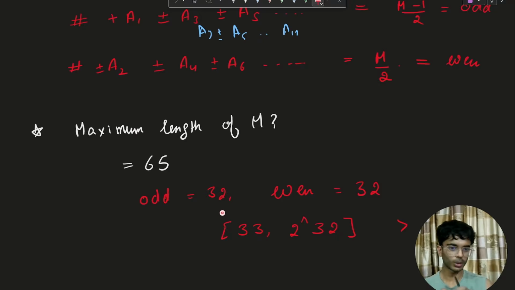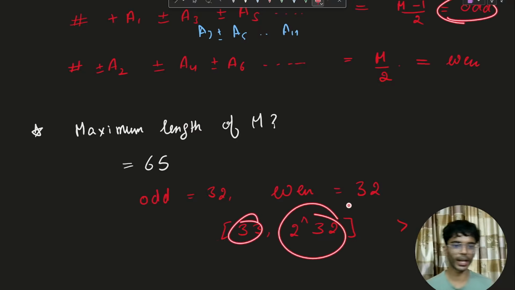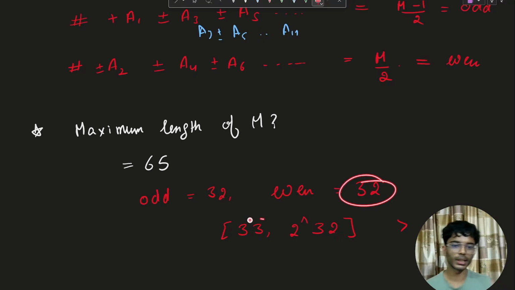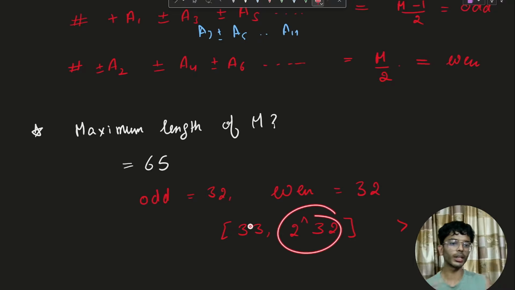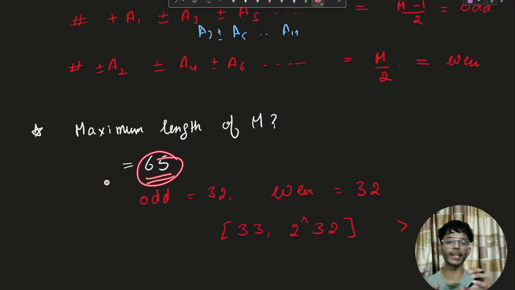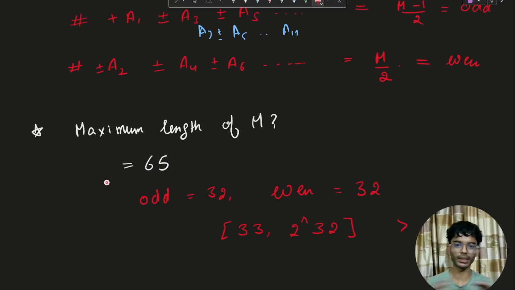If it is 32, that means we can get any possible value for our odd case between 33 and 2 raised to 32, and for our even case between 33 and 2 raised to 32. And this 2 raised to 32 is already greater than the maximum possible value of n that we can get. So choosing this as our maximum possible value of m should be enough.